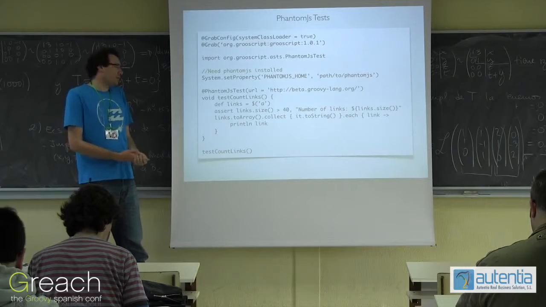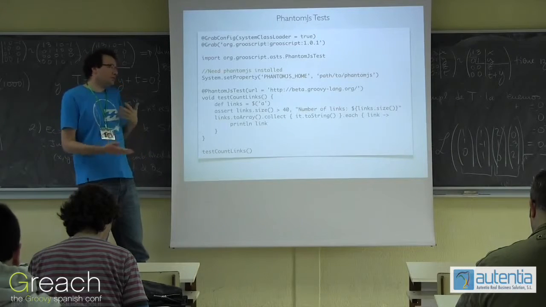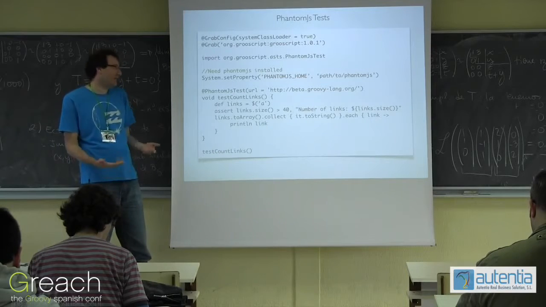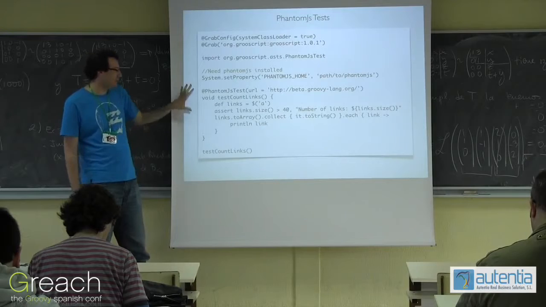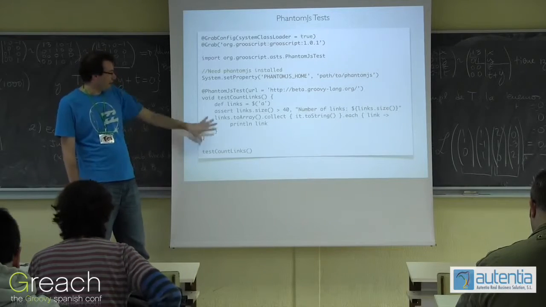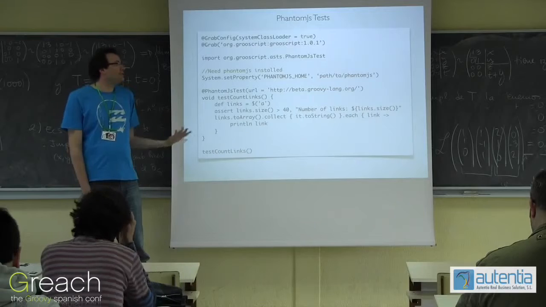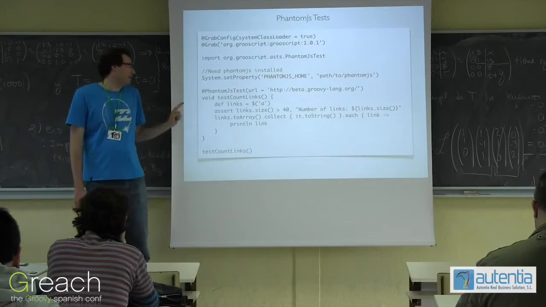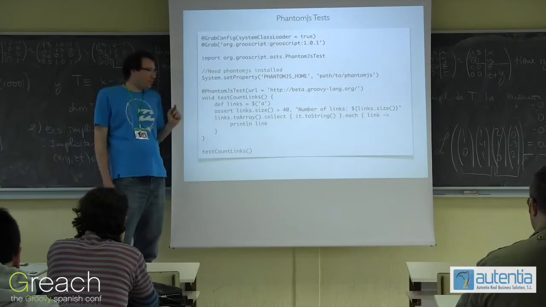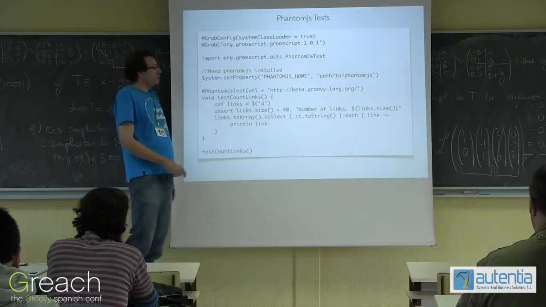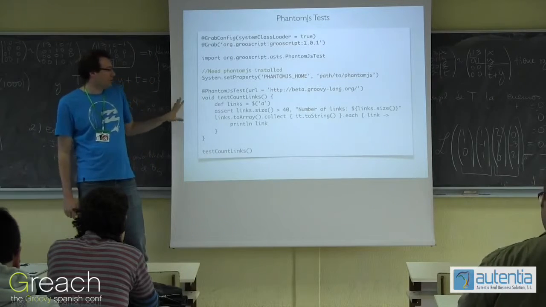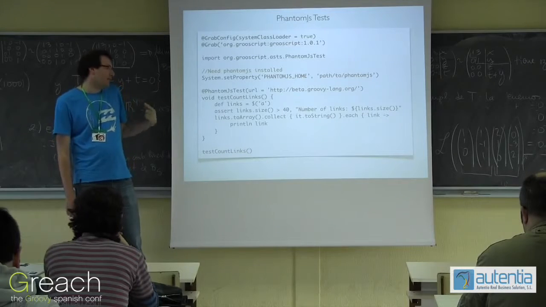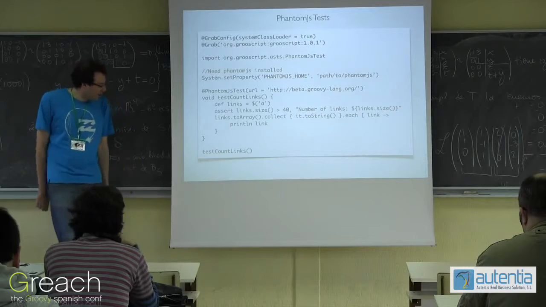If you want to do something fast, it's very good. But if you want to do more complex testing, please use Geb or something like that. It's just good for fast tests. So you can add it to your Groovy test case or a Spock test, but you can't annotate a Spock test with this. You have to create a private method in your Spock test with this and call it from your Spock method.